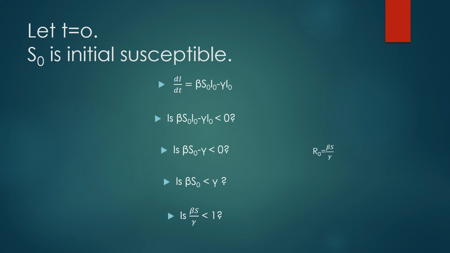So we're going to be swapping out the S for S0, which represents the initial susceptible, and I into I0, and we're testing whether dI by dt is less than 0.